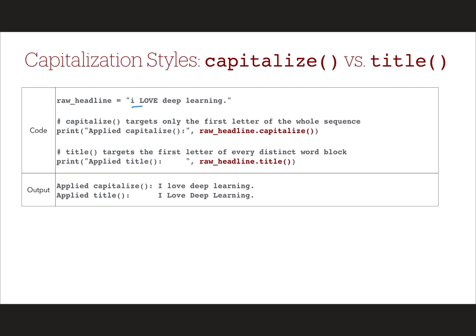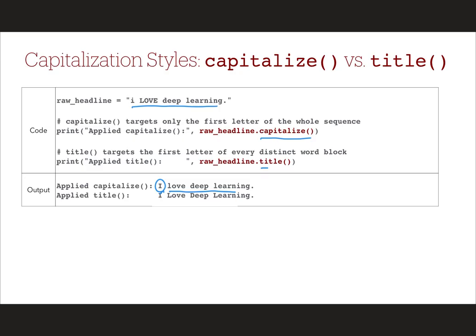If I have this sentence, if I capitalize that sentence, only the first letter of the entire sentence will be written in uppercase. All the others will be written in lower cases.